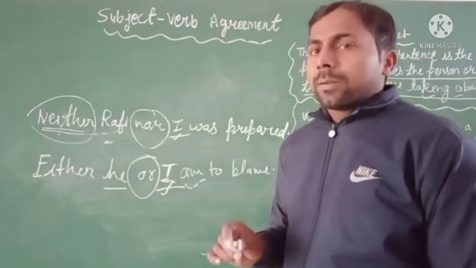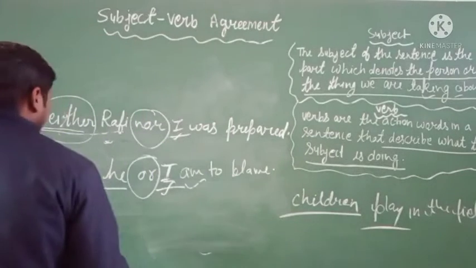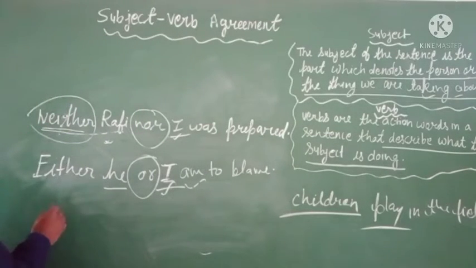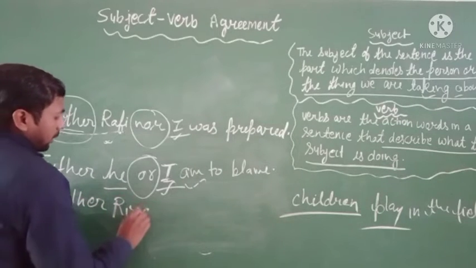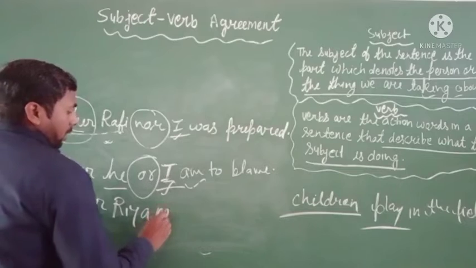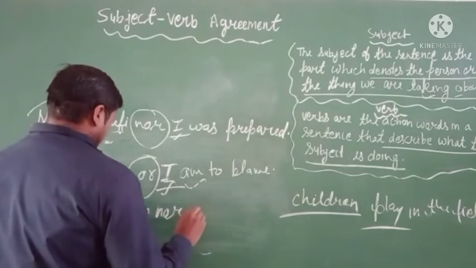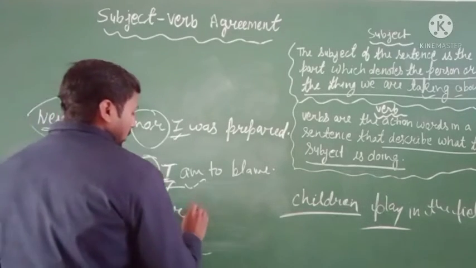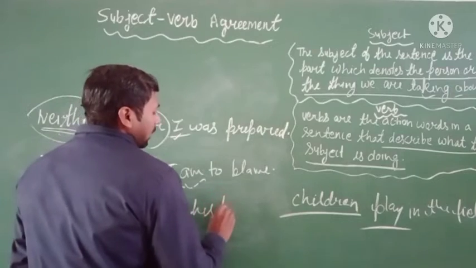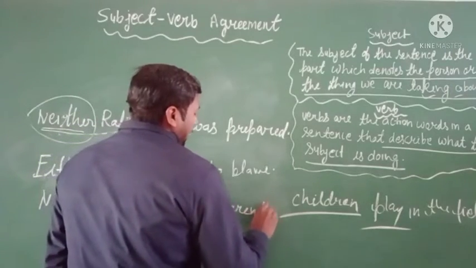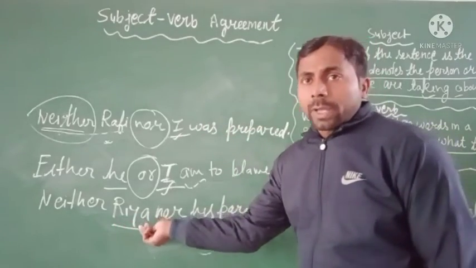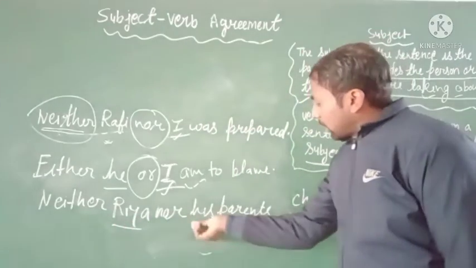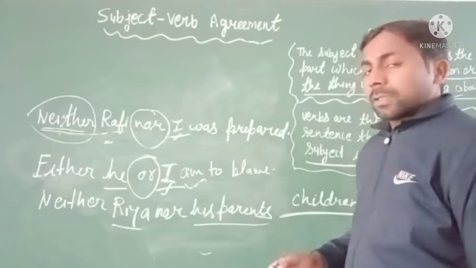Another example: neither Riya nor his parents were ready. Here Riya is singular number and his parents is plural number.